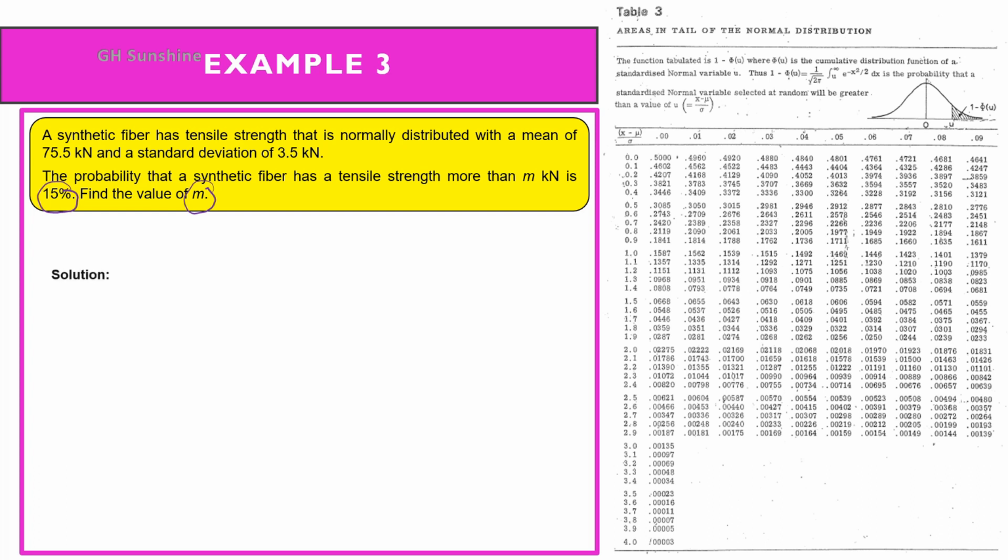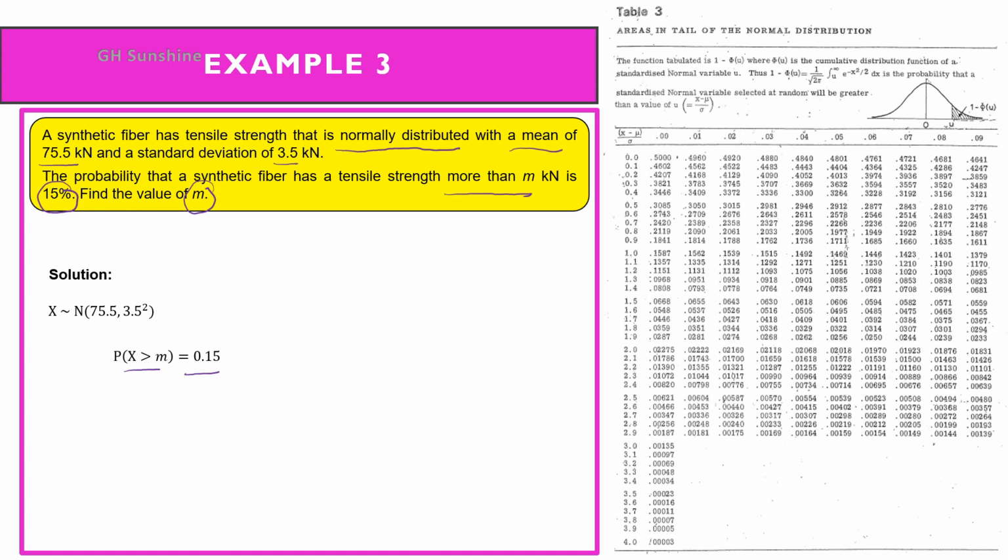0.15. Okay. So as usual, X follows a normal distribution with mean equal to 75.5 and variance equal to 3.5 squared. Next, based on the information, X is more than m. So here, more than m equal to 15%.